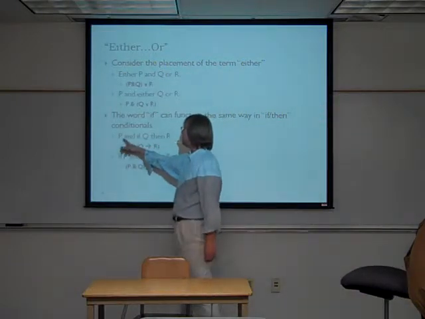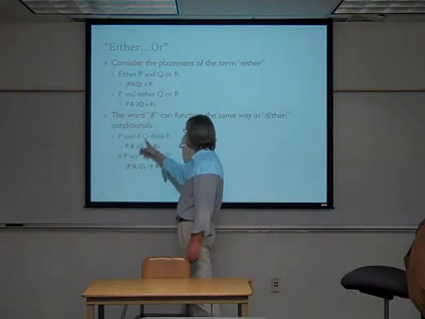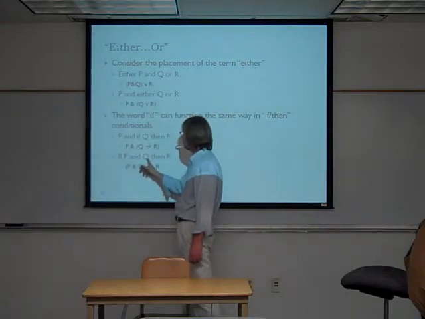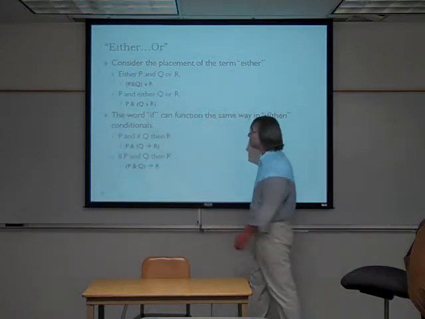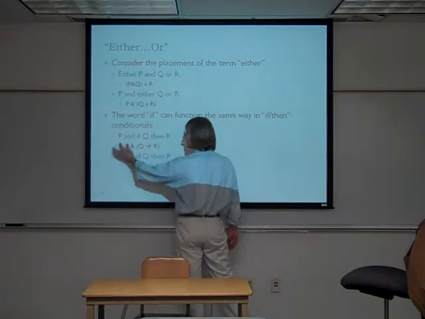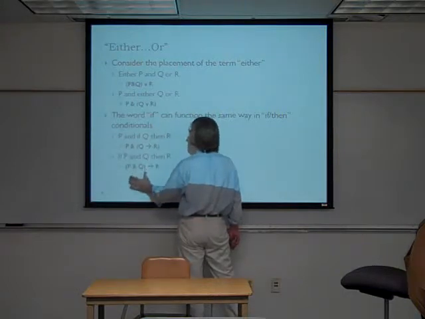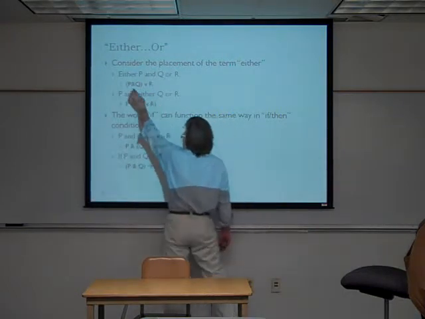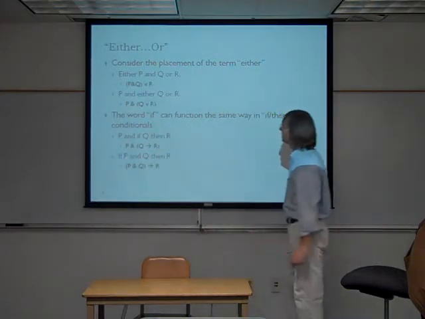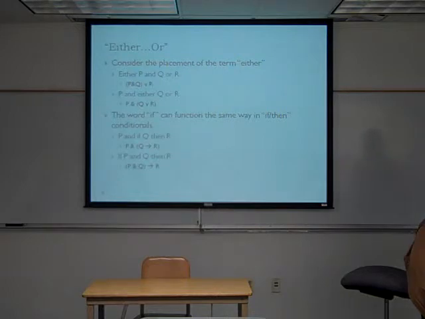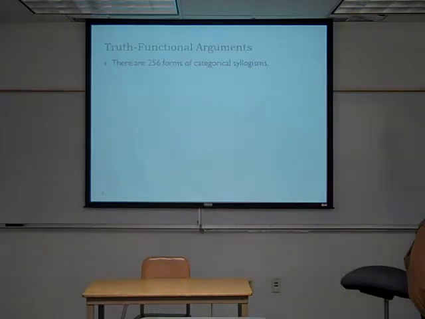You can see here that P and if, then Q. Well, that if placed here is going to put Q and R in the parentheses. But if we move the if back here, then we're going to put P and Q in parentheses, conditional with the R. So the placement of the if is going to determine what's in parentheses, just as the placement of the either is going to help you determine what's in parentheses. Fairly clear?